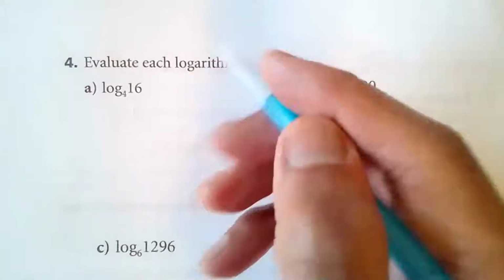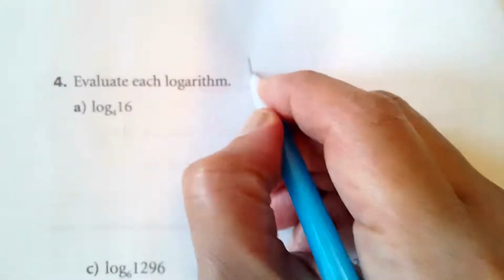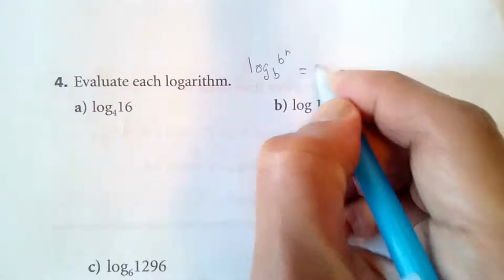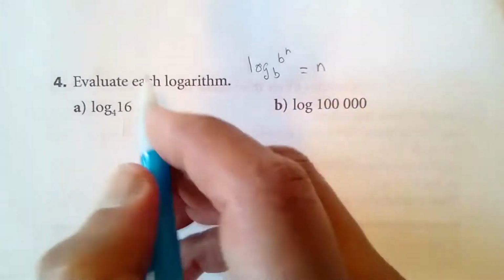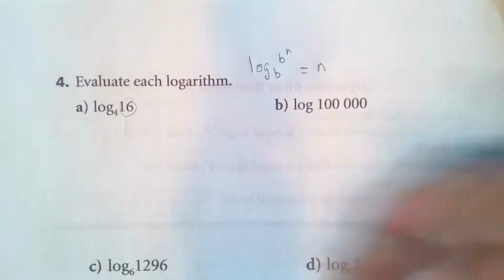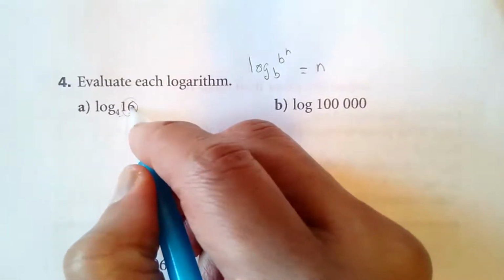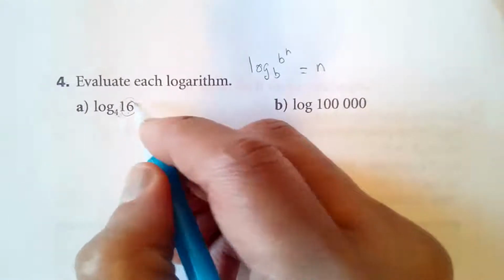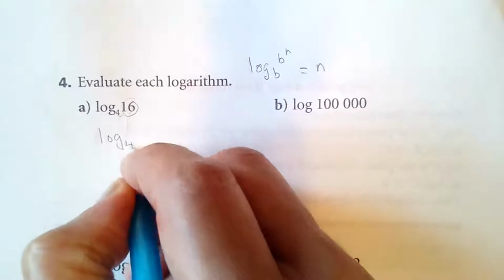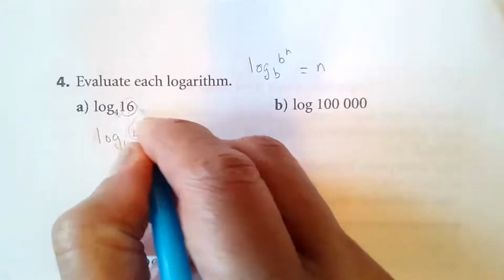Okay. Remember, we know this fact: log base b of b to the n is equal to n. So that gives us our exponent. If I could write 16 using 4 as the base, 16 is a power of 4, we can say that log base 4 of 4 to the power 2, because 16 is 4 to the power 2.